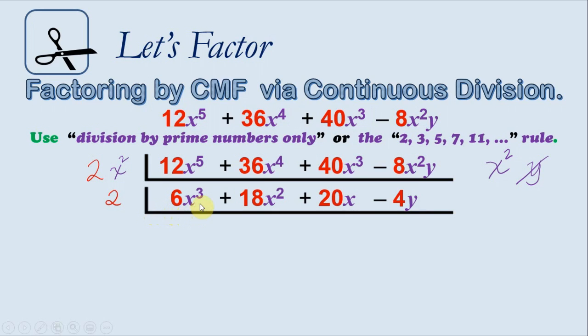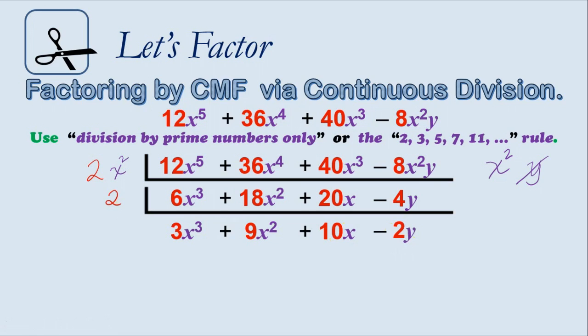Divide 6x cubed by 2 and we shall have 3x cubed. Divide 18x squared by 2 and that gives us 9x squared. Divide 20x by 2 and we get 10x. Divide negative 4y by 2 and we shall have negative 2y.